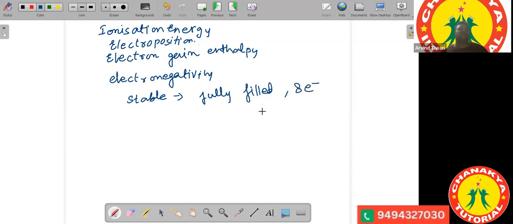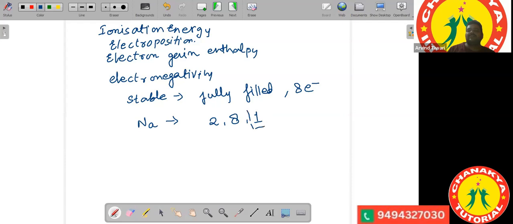This is the stable condition. So if an atom is having a less number of electrons, like let's say sodium, its configuration is 2, 8, 1. So there is just one electron in the outermost shell.